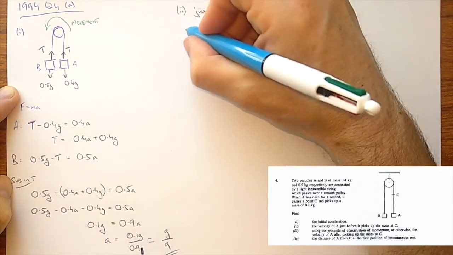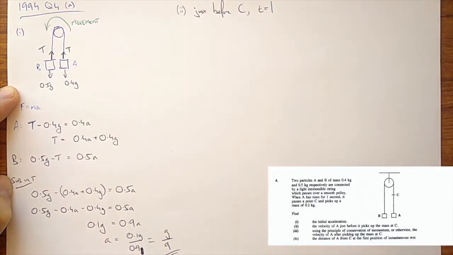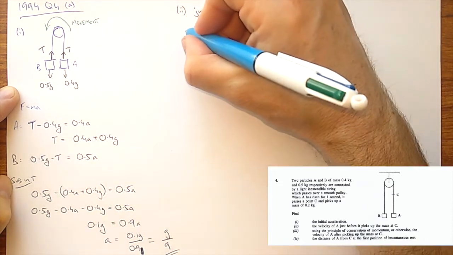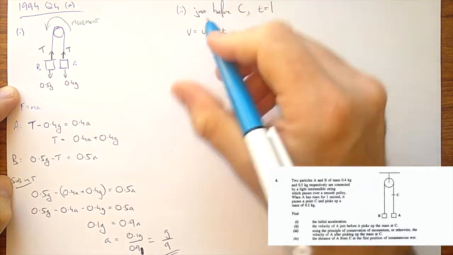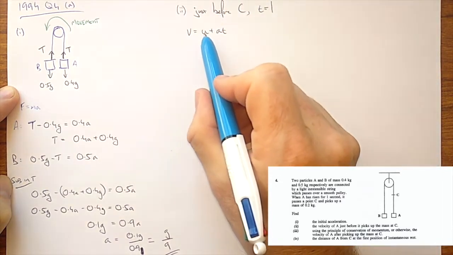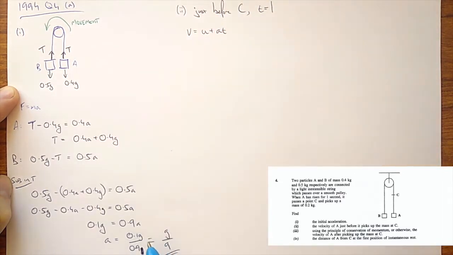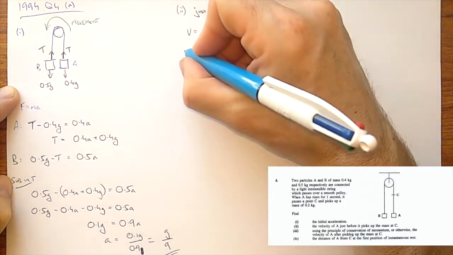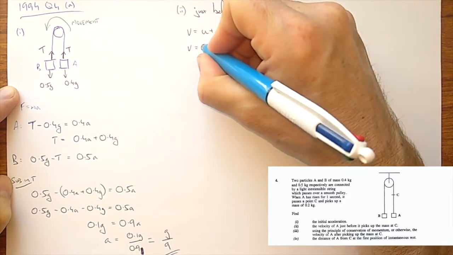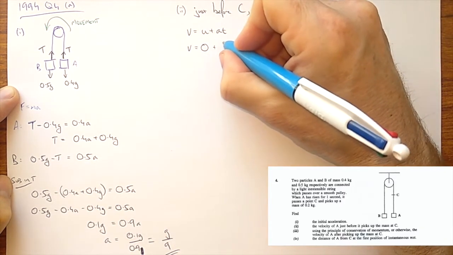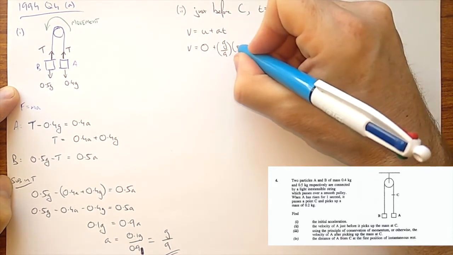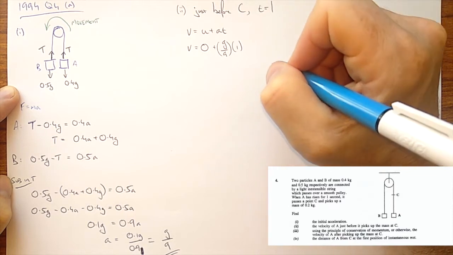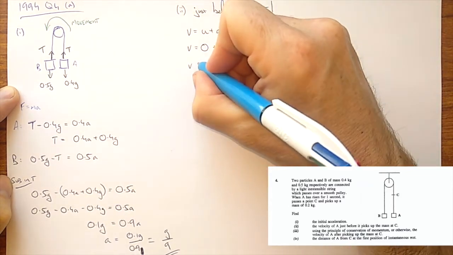Okay, so we want the velocity of A after 1 second. Well, V equals U plus AT. We want V. We know U was 0. We've just figured out the acceleration, and we have the time. So velocity is 0 plus G over 9 multiplied by 1. All right, so the velocity is G over 9.